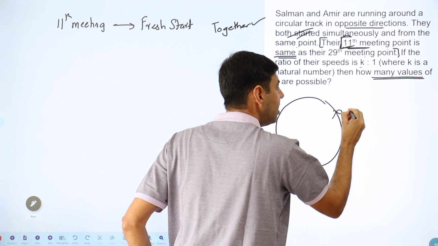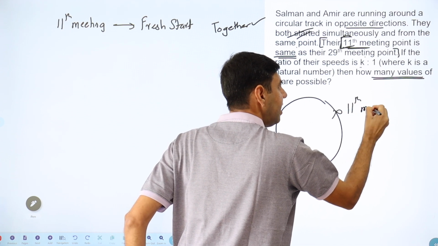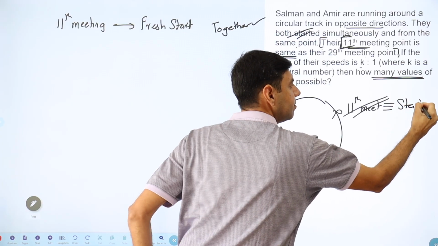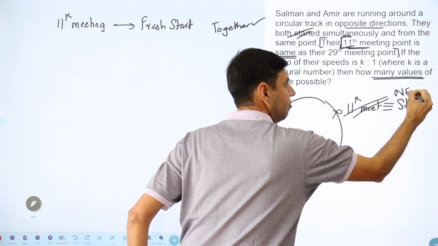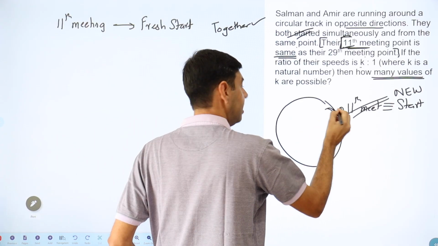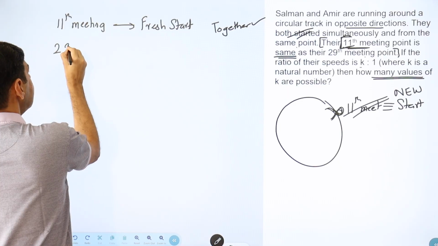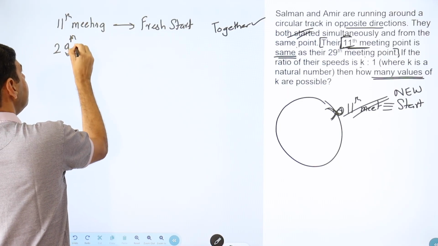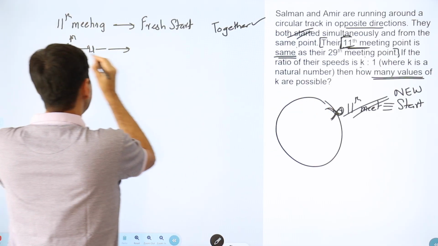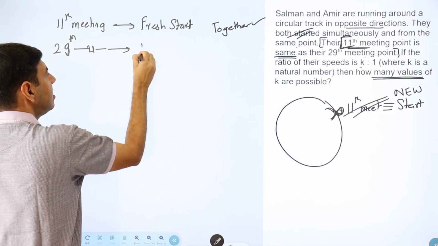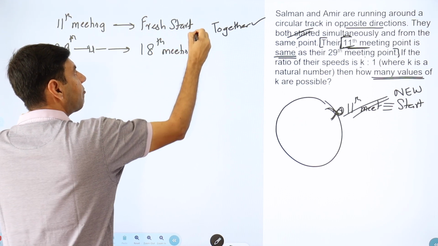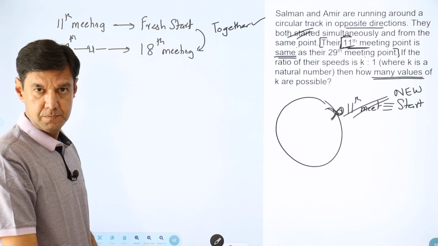So this is the 11th meeting, which I am saying to consider as the new start. And let me put that word also, new. Now, I know that they start from this point here, and the 29th meeting, if I measure it from this point, is going to be 29 minus 11, the 18th meeting from this point onwards.